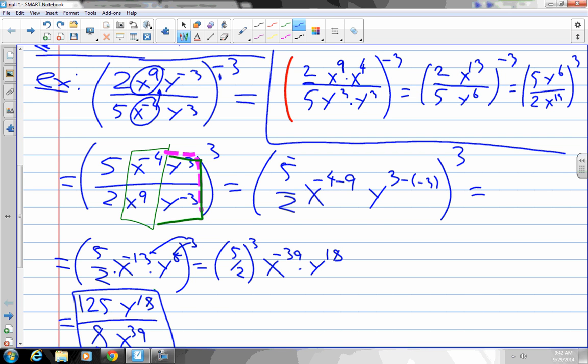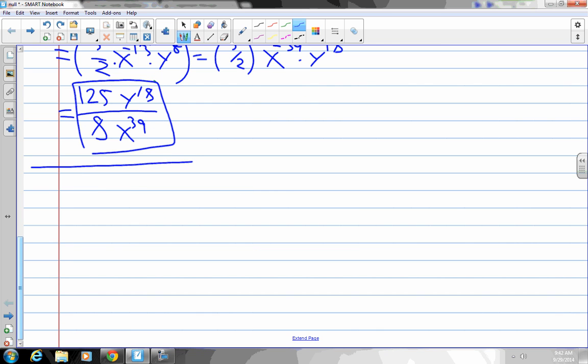What was that other one? So 5a to the negative 3, b to the negative 4, times 2a to the negative 4, b, so that's the first one.